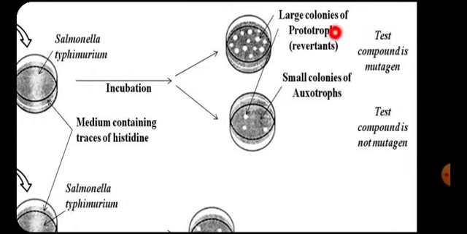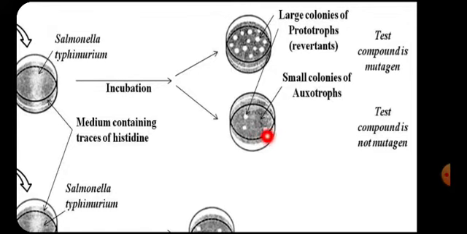That means there is reversion because the test compound is a mutagen. We may get this type of result: presence of large colonies of prototrophs and small colonies of auxotrophs. So these small colonies indicate that there is no mutation.